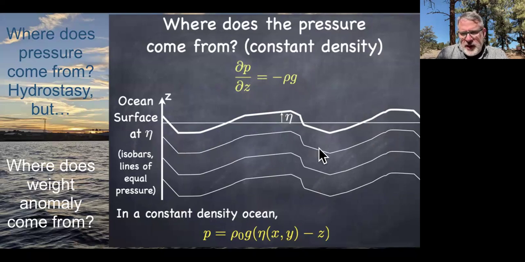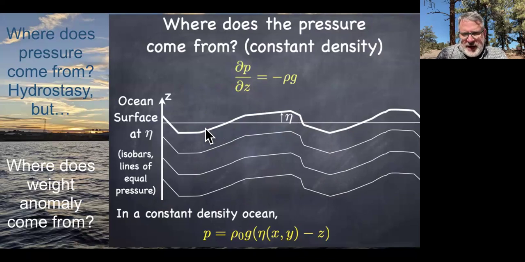So I've drawn for you isobars, that is, surfaces of constant pressure, and you'll see that I drew them to be the same shape as the sea surface height, because the distance between pressure level 0 and whatever that is, say 1, and pressure level 2, pressure level 3, is going to be exactly the same as the distance between pressure level 0 and 1, 2, 3 over here, and the same 0, 1, 2, 3 over here.